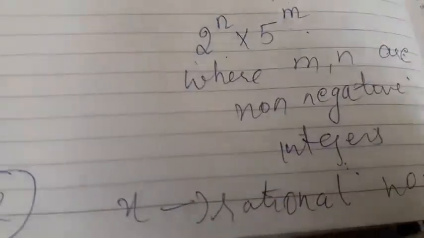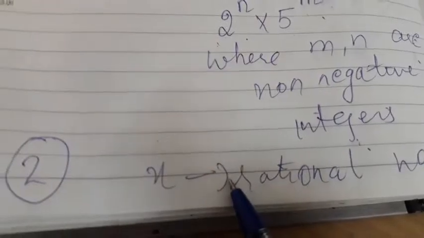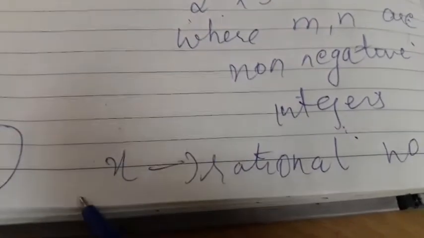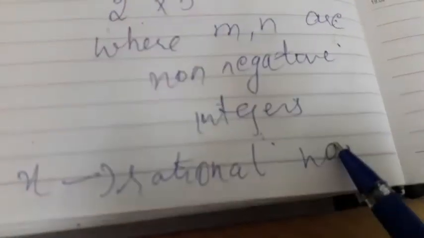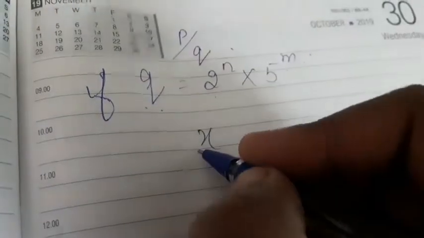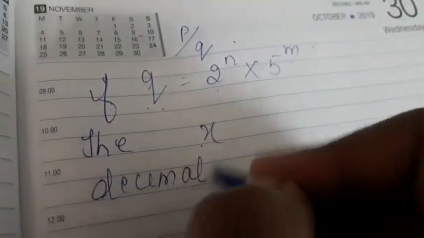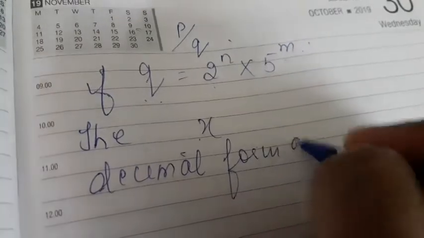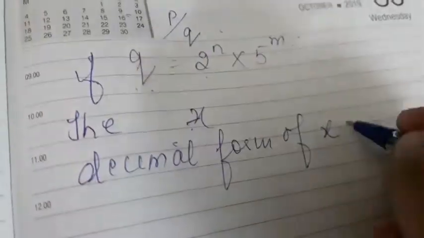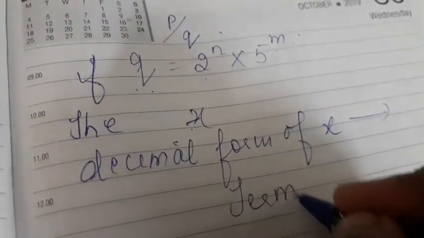Now when we talk about the converse of this theorem, it is: if x is a rational number which can be written in the form of p by q, and if q is equal to 2 to the power of n into 5 to the power of m, then the decimal form of x will be terminating.